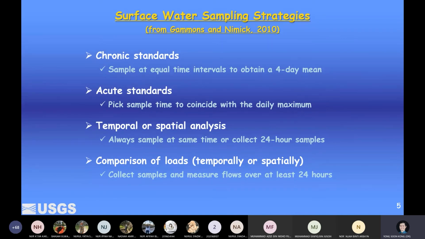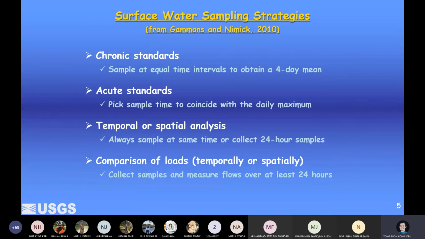So it depends on the level of pollution. If the level of pollution is very low, very ambient, low level, then possibly you don't have to be so frequent. If it is very highly contaminated and it changes very quickly, then possibly you want to have as frequent sampling as possible.